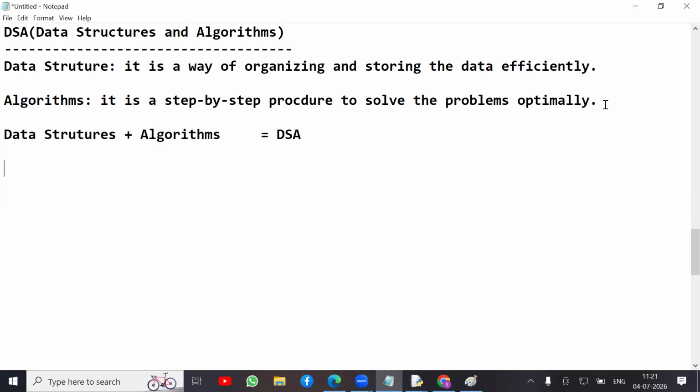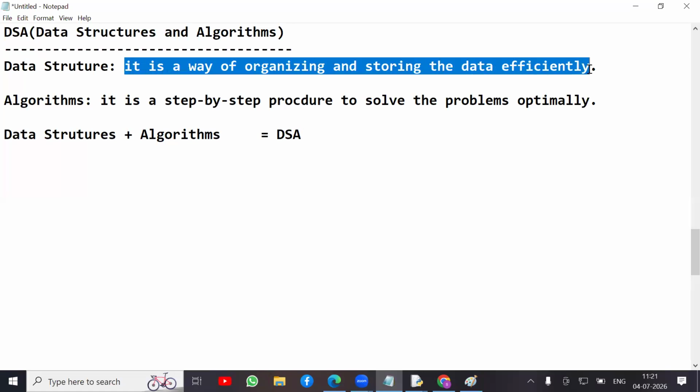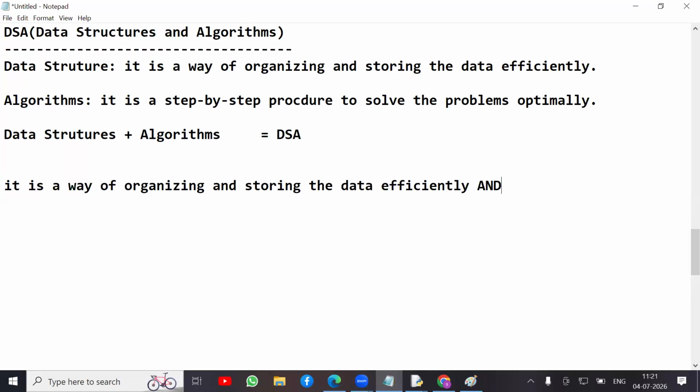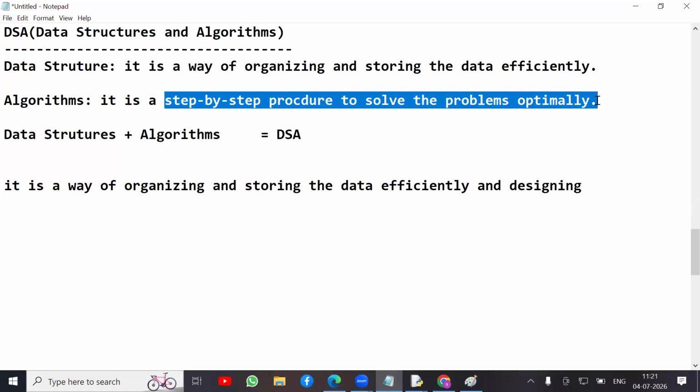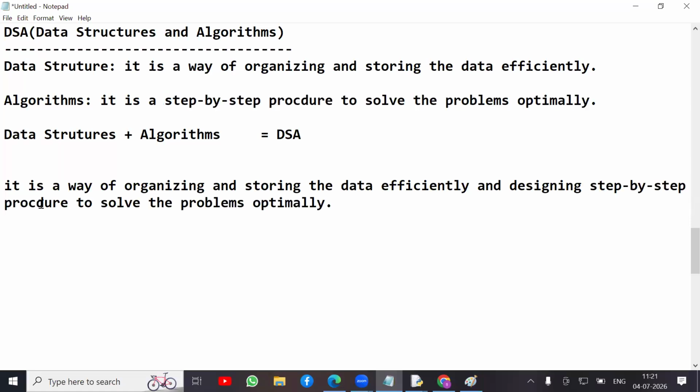Now, simply the final definition: it is a way of organizing and storing the data efficiently and designing the step-by-step procedure to solve the problems optimally. That is the definition for DSA. This is about DSA.